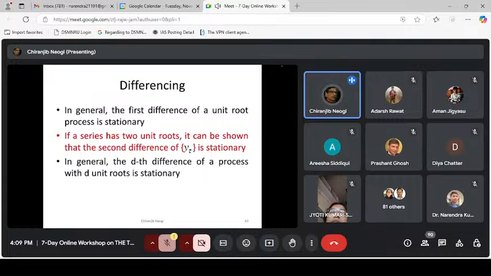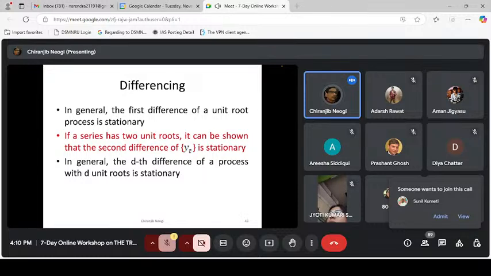Suppose the series could be like this, that after the first difference the series becomes stationary. But the series may be such that after the first difference it still has some non-stationary characteristics, so it is not stationary. Then if I take another difference, maybe the series becomes stationary.